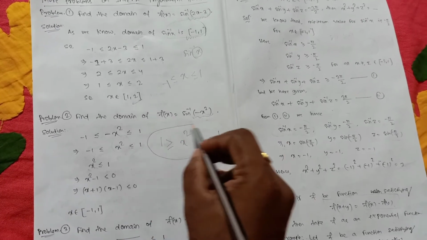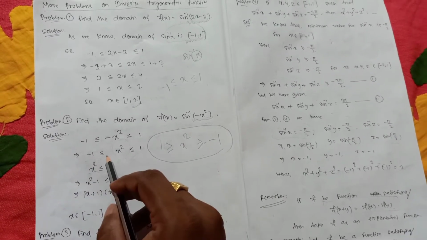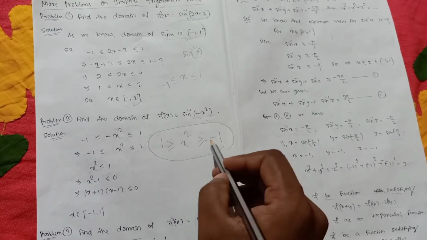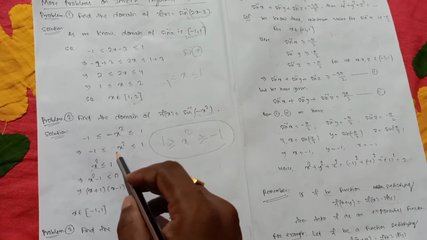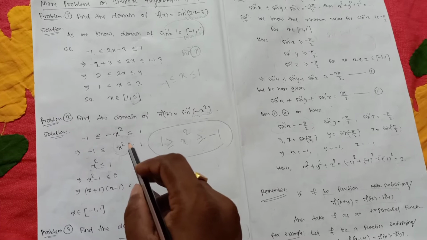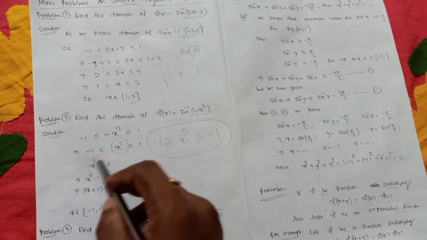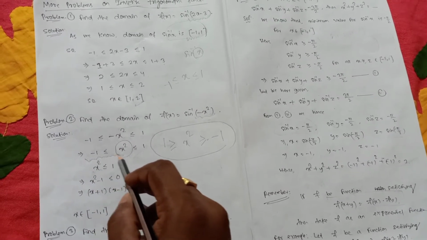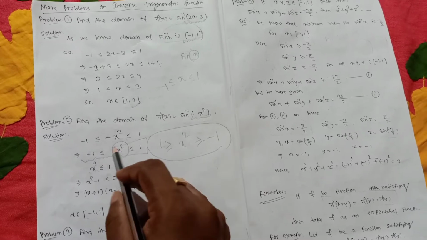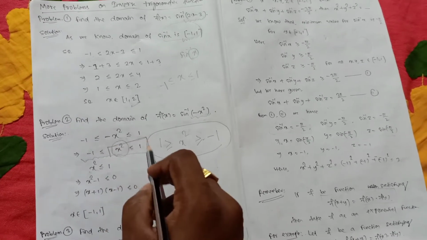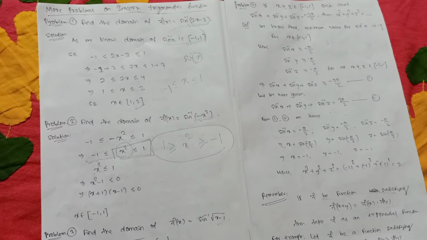That was already written here: minus 1 is less than or equal to x square, which is less than or equal to 1. Now observe that x square is always a non-negative quantity, so no need to take this part. Just take x square less than or equal to 1.